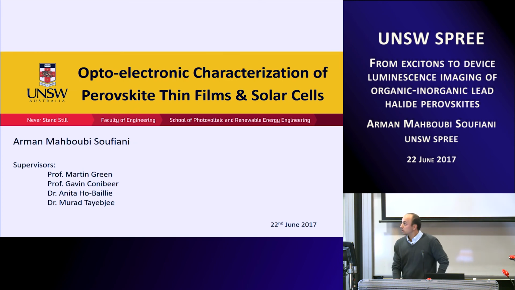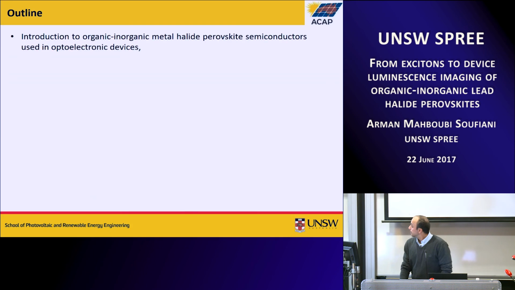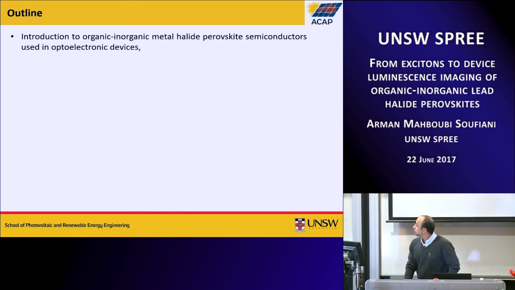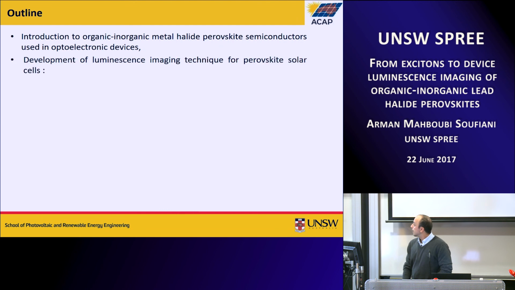I'm going to talk about optoelectronic characterization of perovskite thin films and solar cells, what I did during my PhD here at SPREE. I'm going to briefly introduce the organic inorganic metal halide perovskites, which are used in optoelectronic devices.